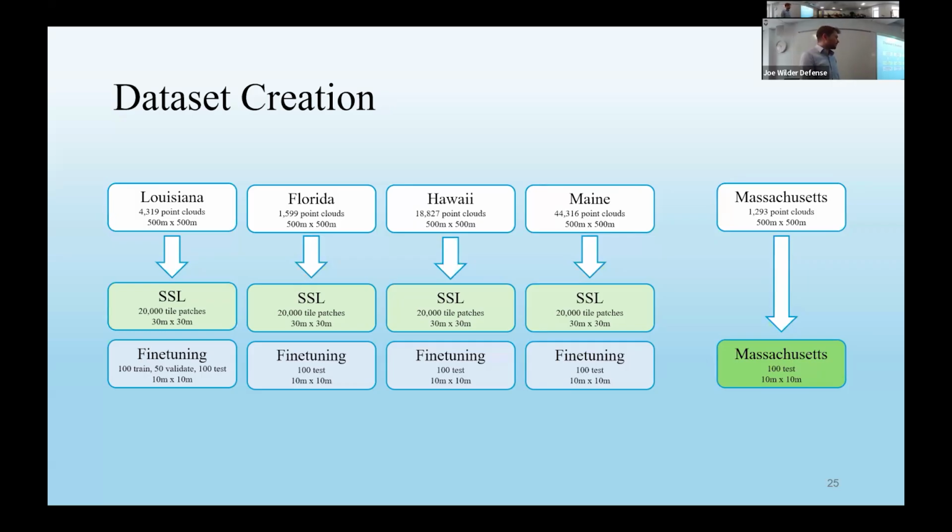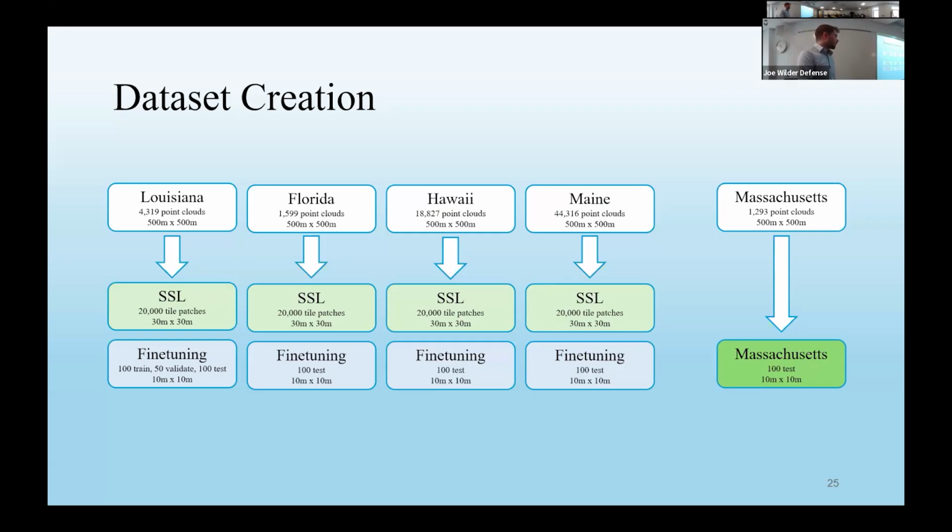For each of the first 4 sites, I get 20,000 30-meter patches. That is what makes up the self-supervised learning data set. And then importantly, with the 5th site, Massachusetts, I don't include any of that data in the self-supervised learning data set. So Massachusetts will be the true test to see if the model can work on something that has never been seen before.